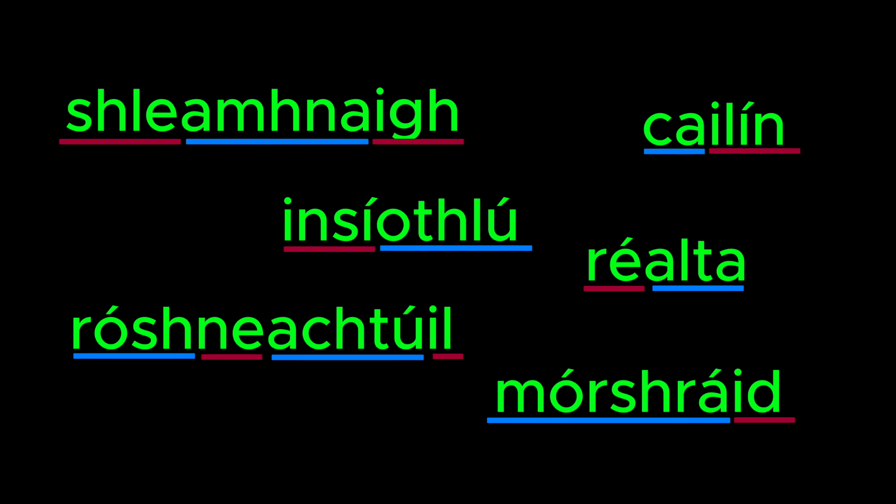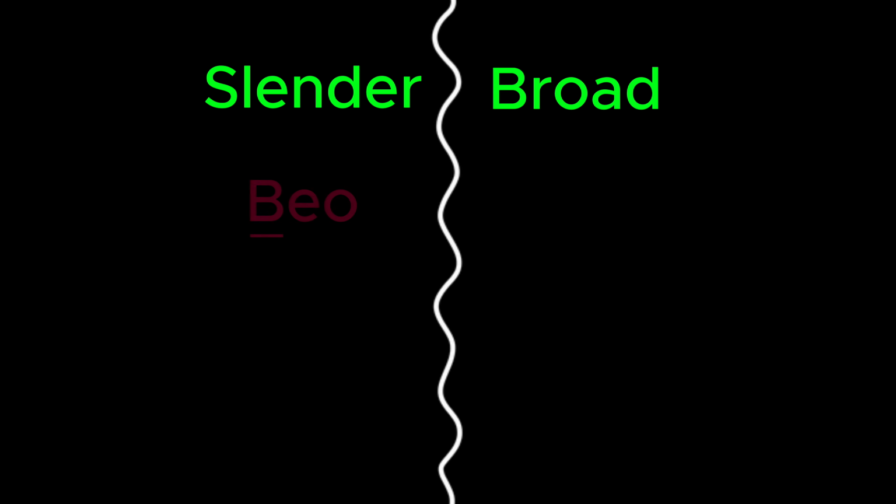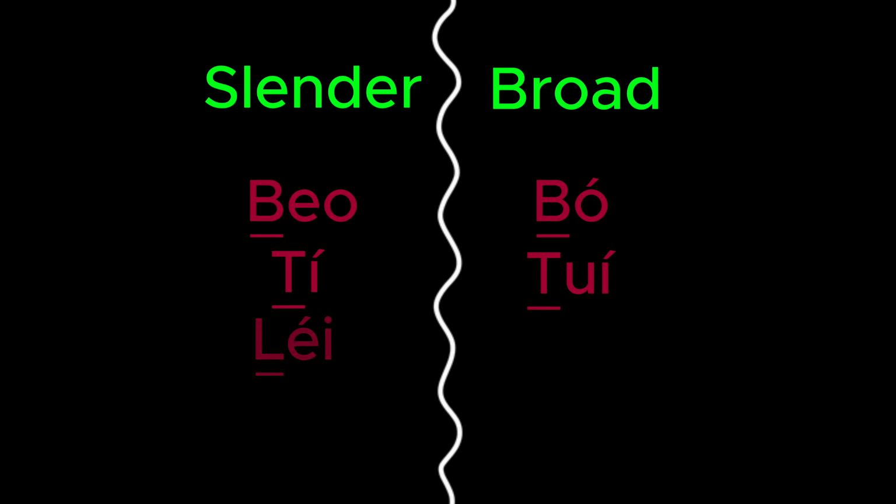Let's hear some Irish words, which sound similar, but are distinguished by broad versus slender consonants. Dó, Bó, tí, lay, ni.